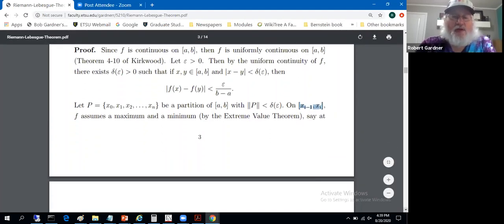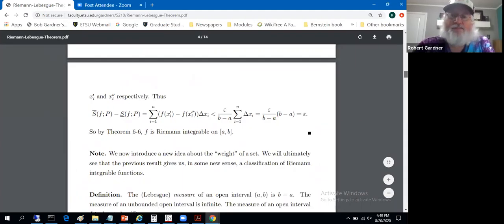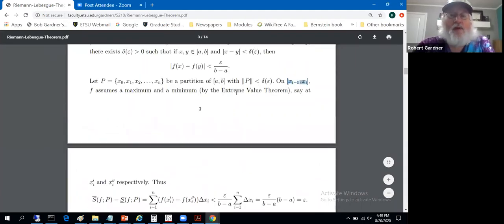Say those extrema occur at x sub i prime and x sub i double prime, respectively. So it was maximum first, minimum second. So the max occurs at x sub i prime and the min occurs at x sub i double prime.